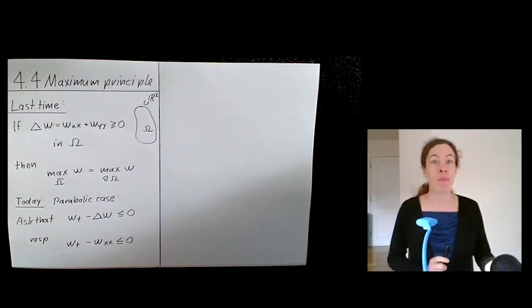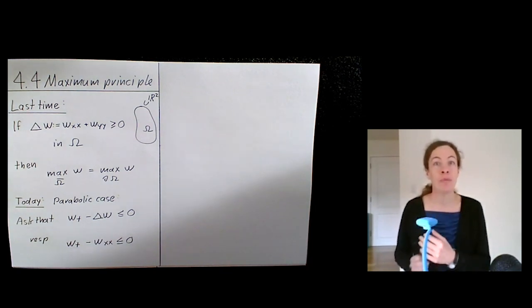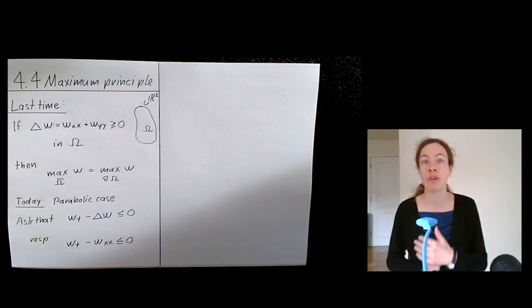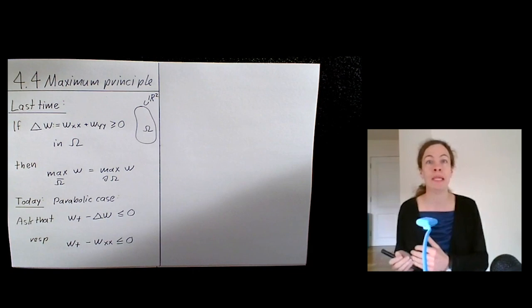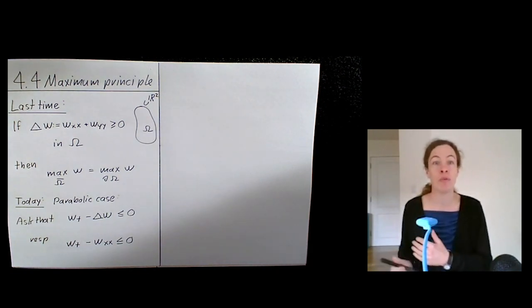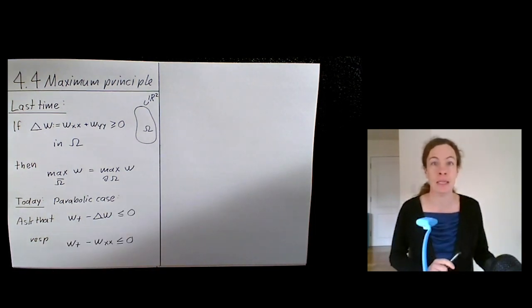Now, before we formulate a result, we have to talk a little bit more about what kind of domains we want to consider. In particular, we want to talk about on what part of the domain I want to impose data, and on what part of the domain I want to consider the PDE, respectively on what part of the domain I want to impose this condition that the heat operator has a sign.